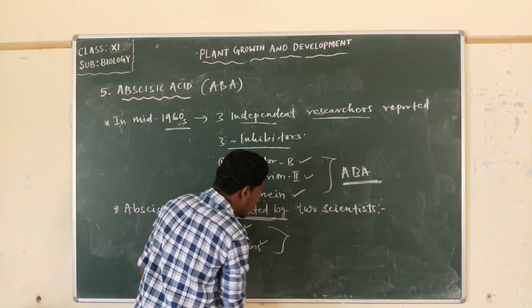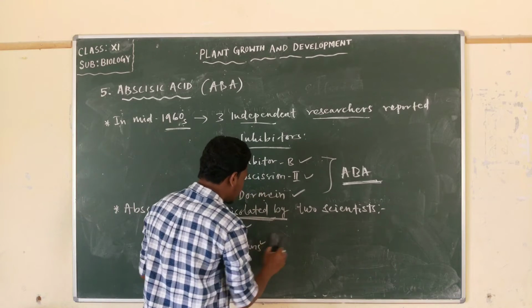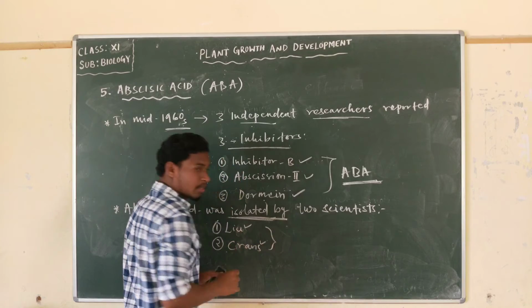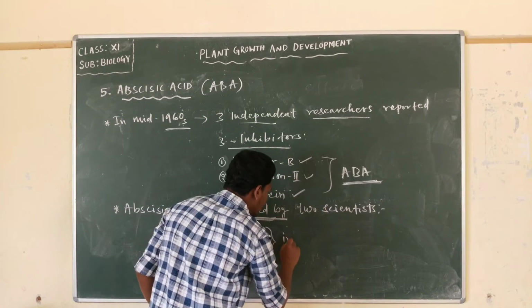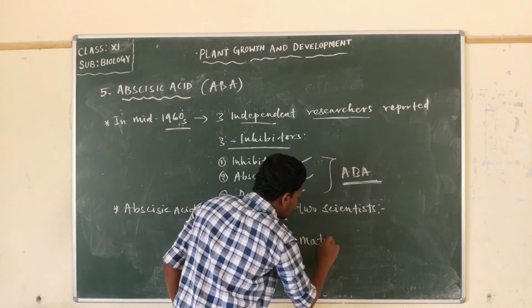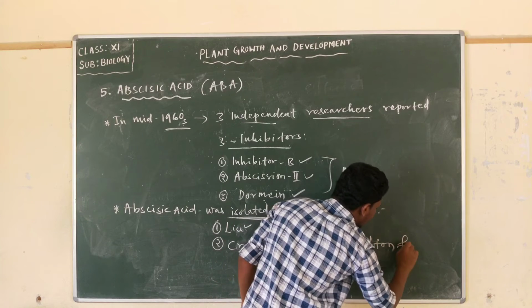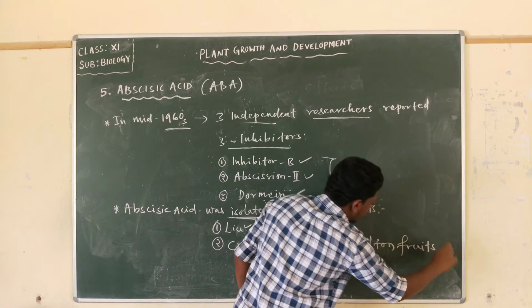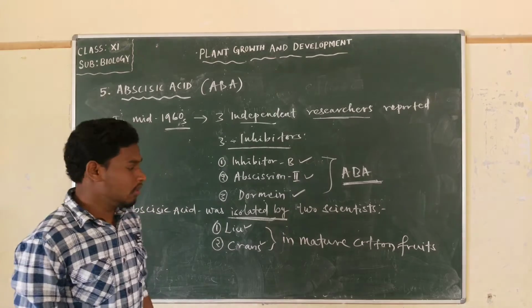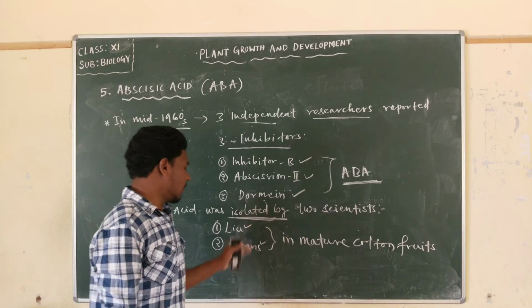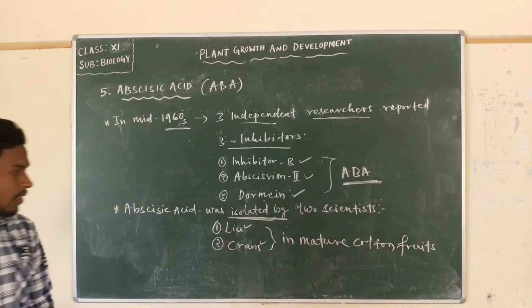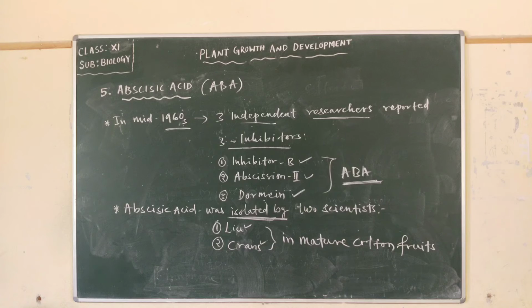Where exactly did they find abscisic acid? They found it in mature cotton fruits. Who are those two scientists? They isolated it; it was Liu and Krebs.